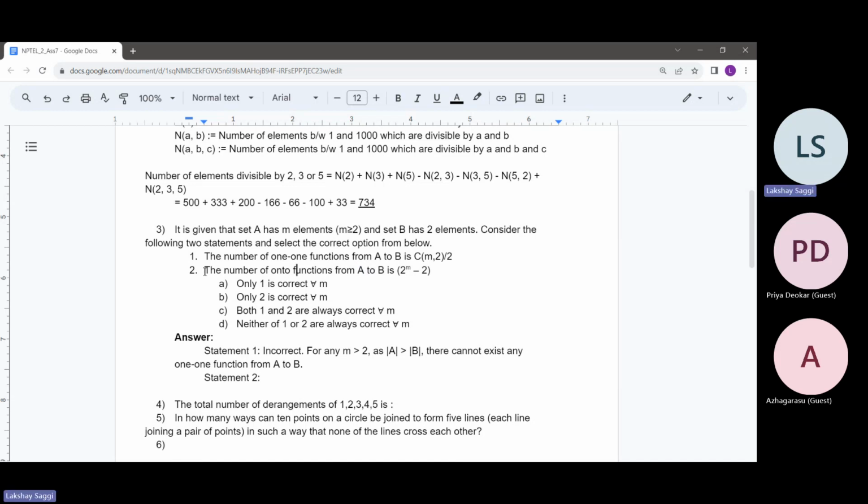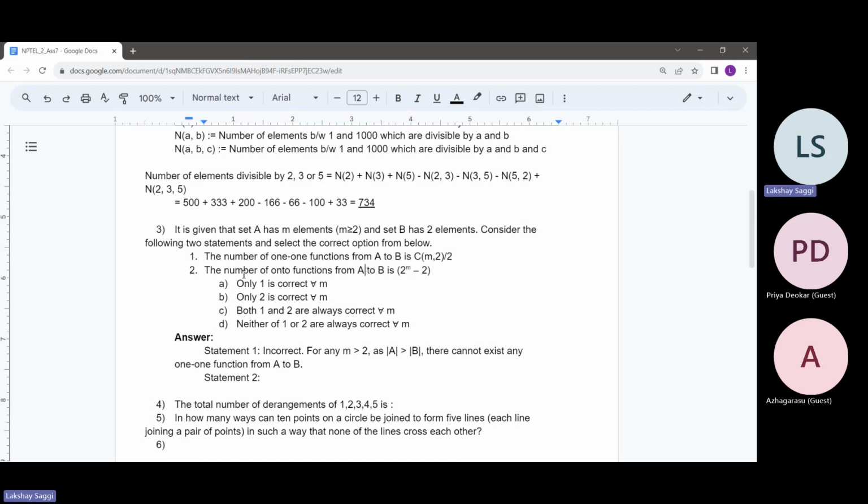So to count the number of onto functions from set A to set B, maybe let's just count the total number of possible functions from set A to set B, and then we'll try to subtract the functions which are not onto.